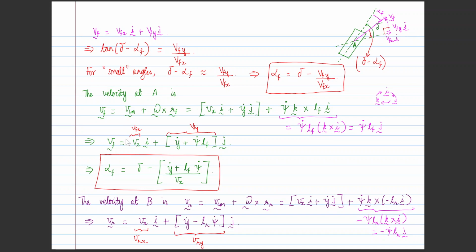So this term can be opened up. Vcm is Vx i plus y dot into j, and omega cross Rf is psi dot k cross Lf into i, which is psi dot Lf k cross i, which is psi dot Lf j. So we can merge these terms and get an expression for Vf, right? So this is Vf.